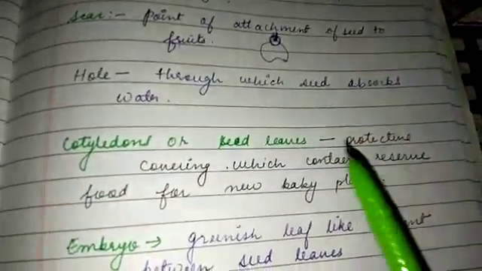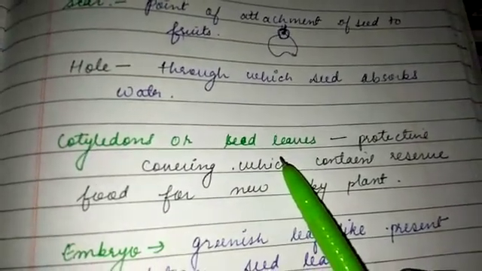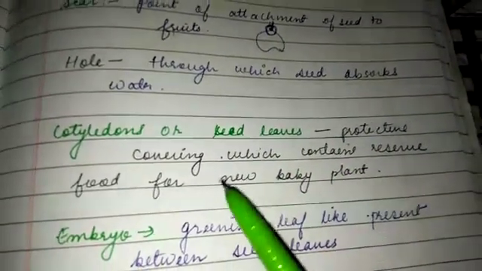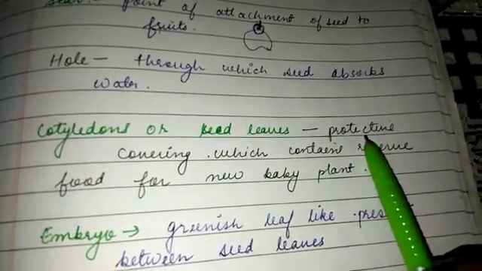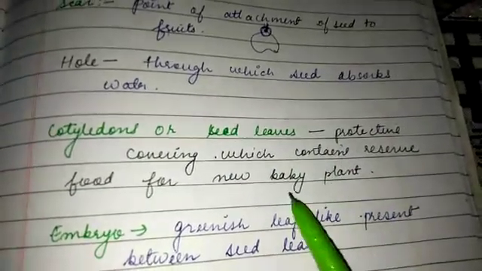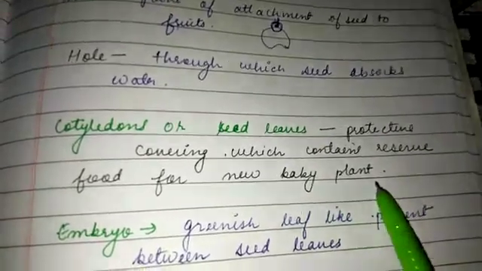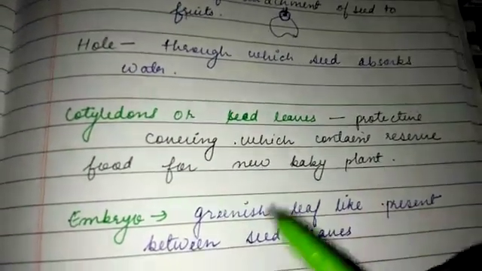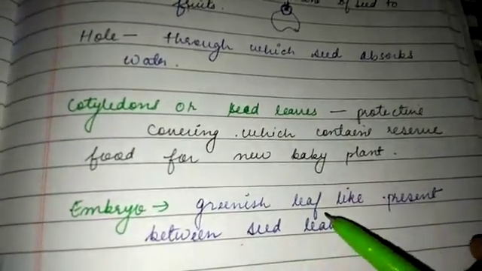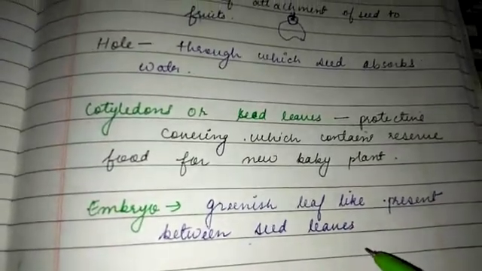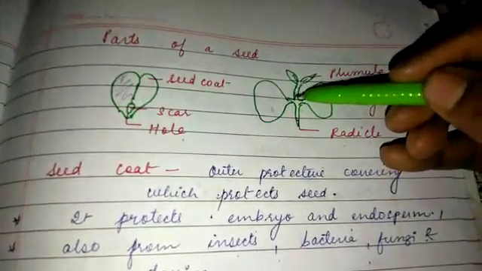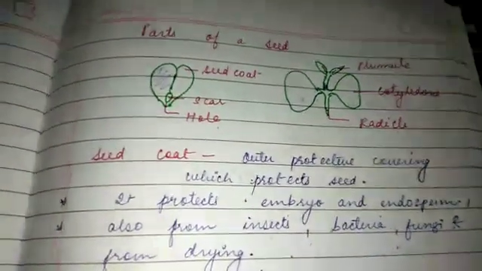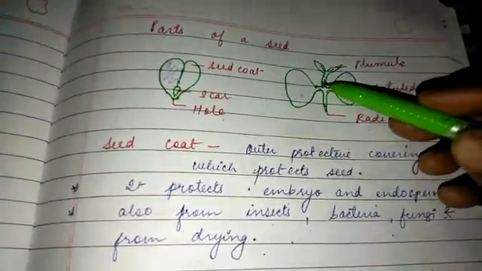The cotyledons, or we can say seed leaves, are a protective covering which contain reserve food for the new baby plant. Then the embryo is a greenish leaf-like part present between the seed leaves. So here you can see in between, here we'll see what comes out, the embryo. Here it is.